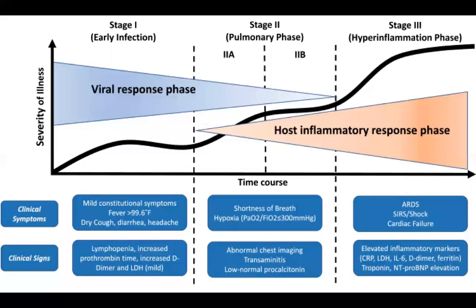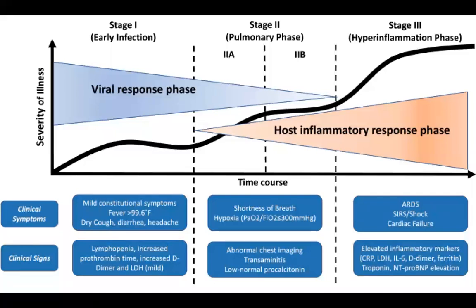And over here, the main things that you're likely to find on labs, you might find lymphopenia, but it may be very, very mild, and it may be just lymphopenia without any other deficits. If you have a predilection towards a poor prognosis, you may even have elevated D-dimers.